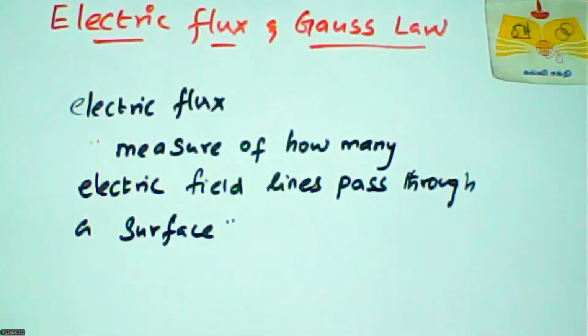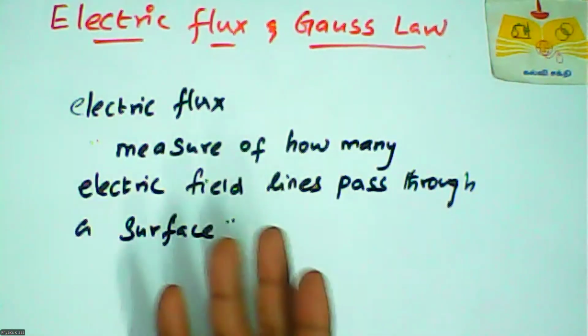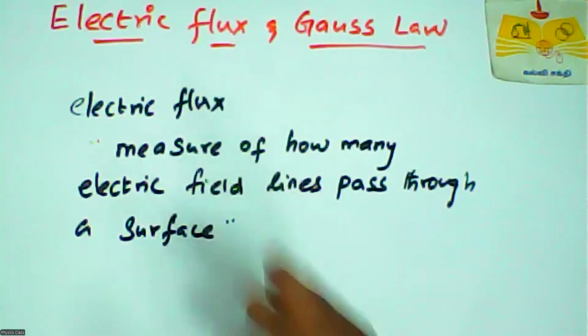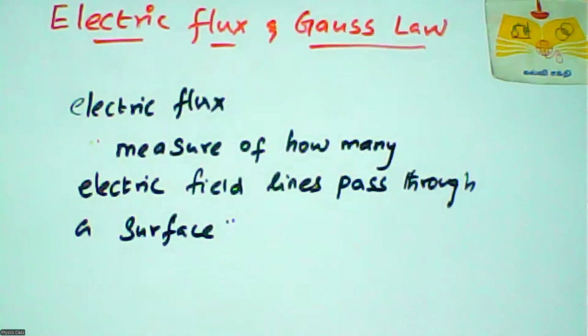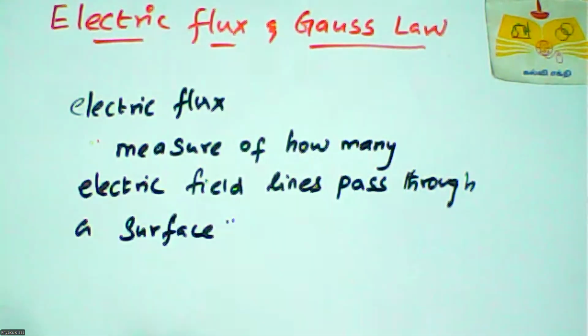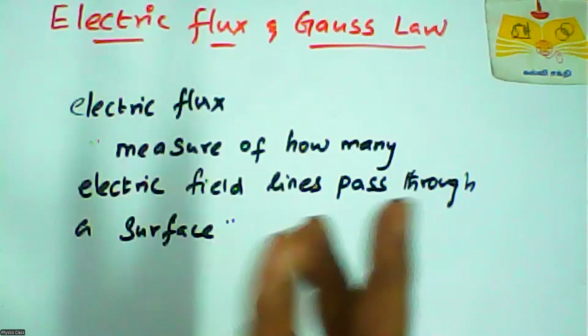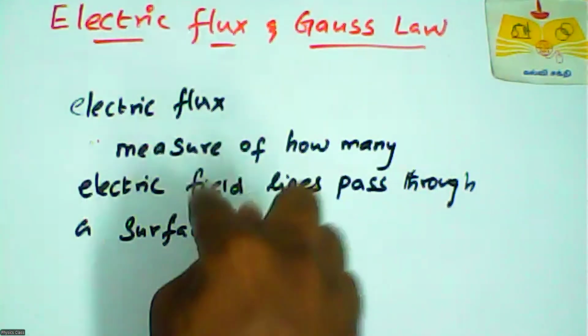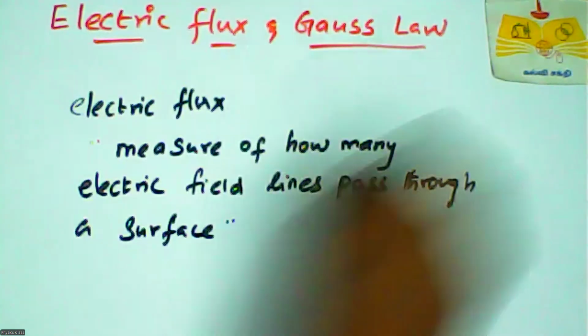It may be a positive charge or a negative charge. For a positive point charge, the electric field lines go away from the charge. So electric field lines are passing through the surface like that.